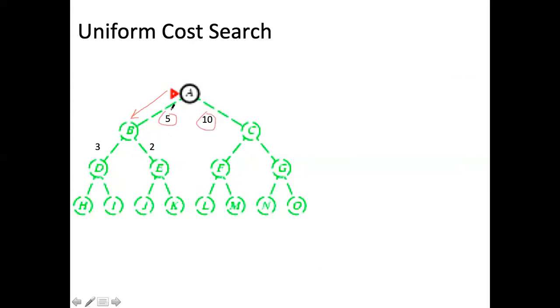So the choice would be evaluating B after A. And then if you are at B, you will not evaluate D. In fact, you will evaluate E in this case because the path cost from B to E is smaller. Therefore, you will always choose a node to evaluate which has a lower path cost. So here 5, 2, 3 and 10 are the path costs associated.